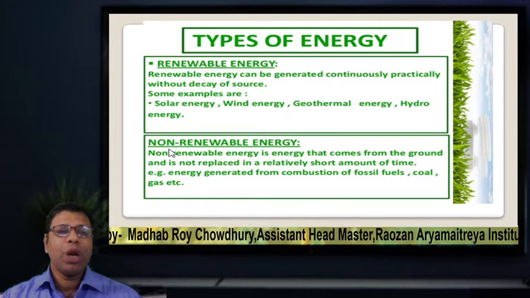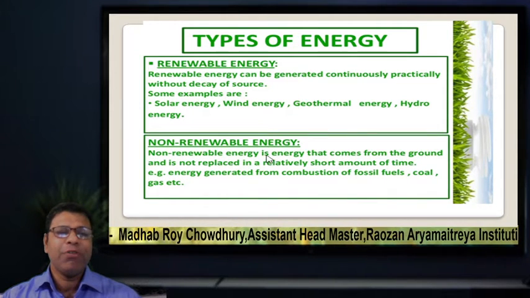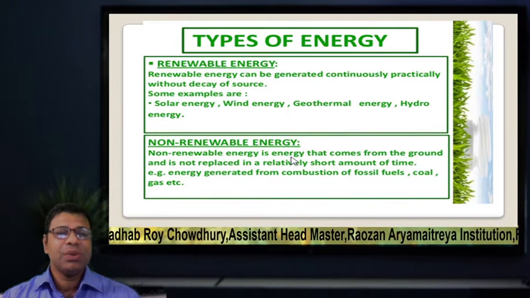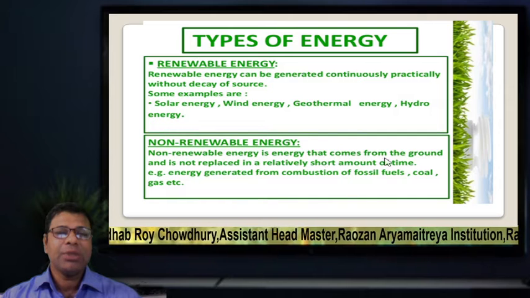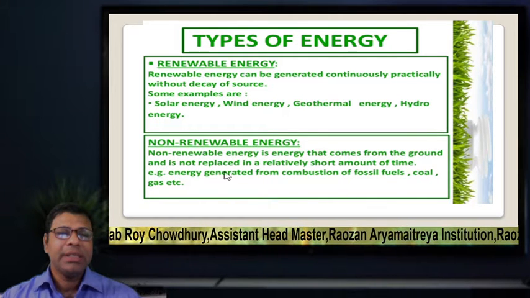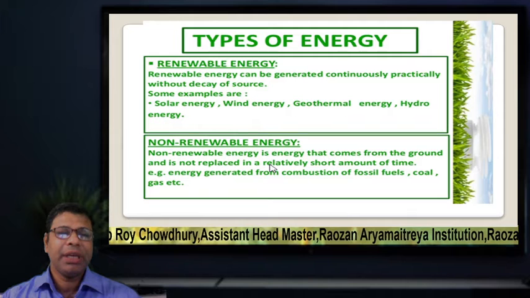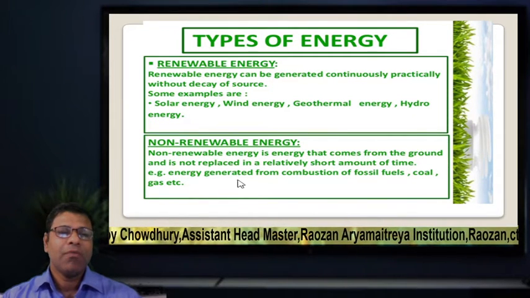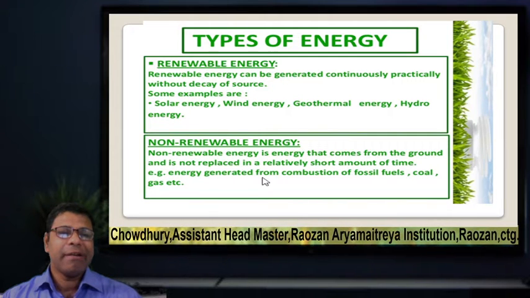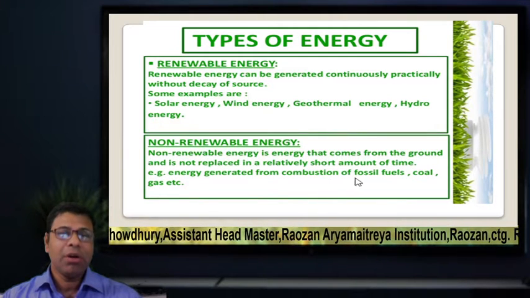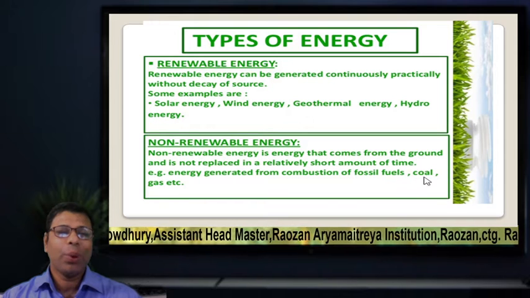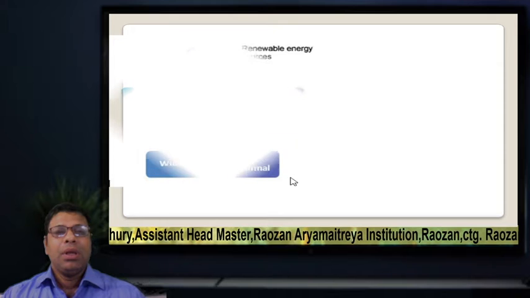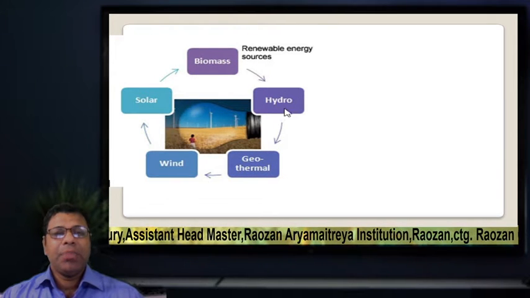And if we look at non-renewable energy, what is it? Non-renewable energy is energy that comes from the ground and is not replaced in a relatively short amount of time. For example, energy generated from combustion of fossil fuels, oil, gas, etc. Okay, look at the pictures.